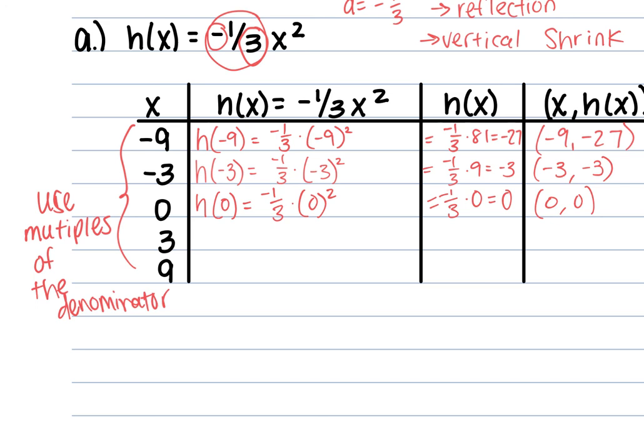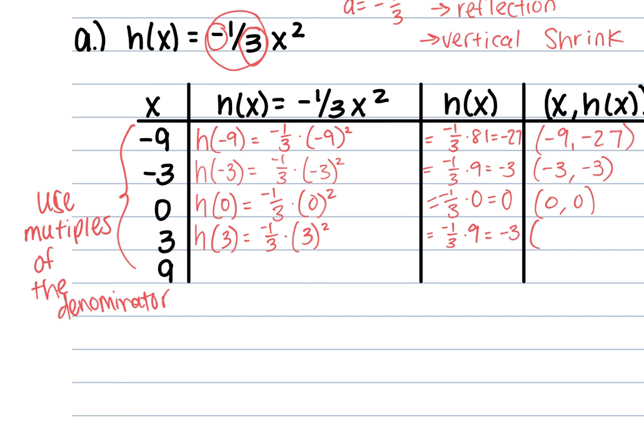Who can do 3 for me? Cody. Okay, so good. And then 3 to the second is 9. Mm-hmm. And then you do negative 1/3 times 9, which is -3. Good.